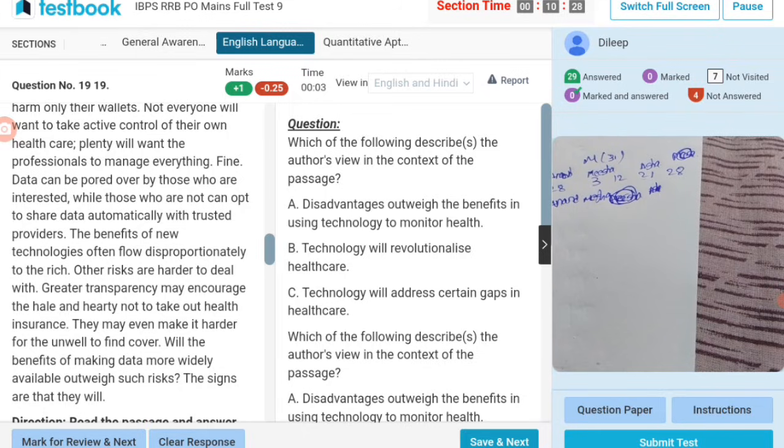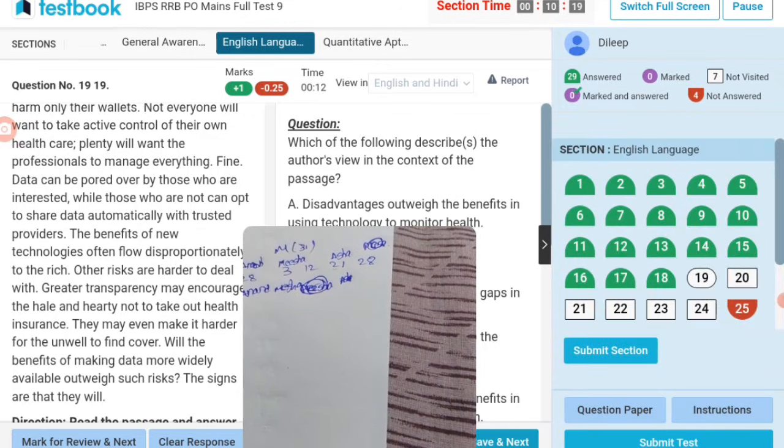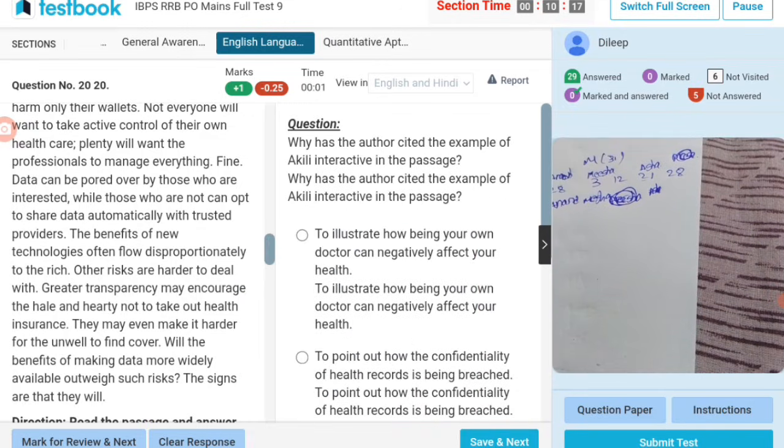Which of the following describes the author's view in the context of the passage? What are the author's cited examples of actually interactive essays?